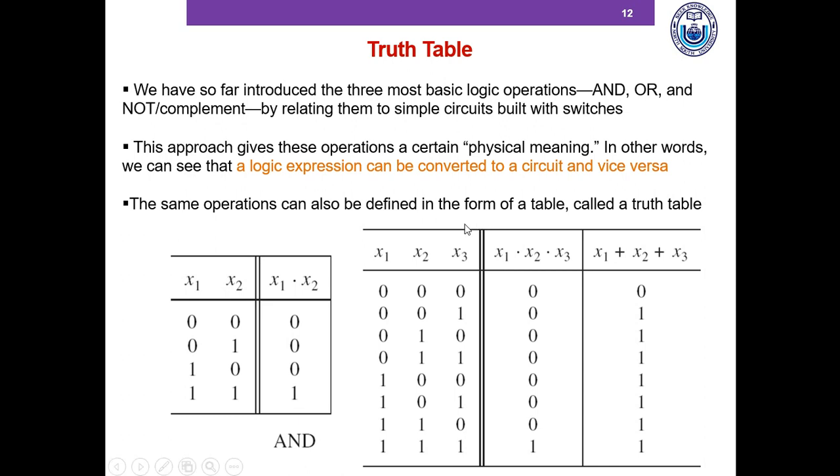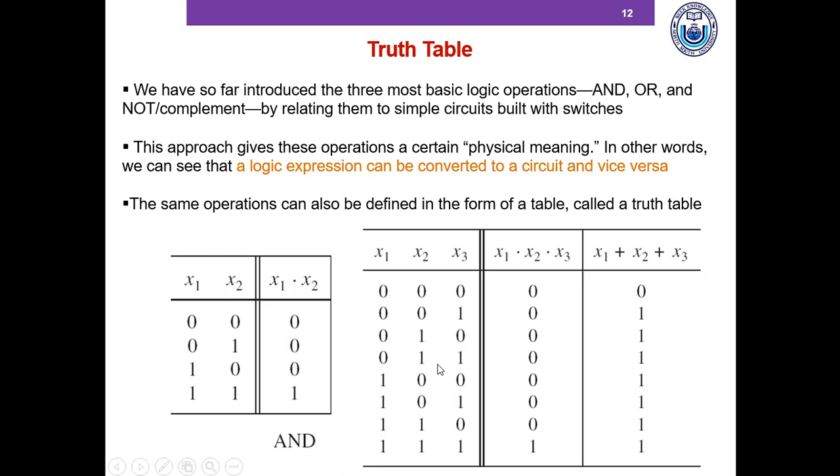So here on the right, we have the truth table of a 3-input AND gate. On the left of the truth table, we have the input variables x1, x2, and x3. Please also note that each of these variables is binary, so they have only two possible values, 0 or 1. In the columns corresponding to x1, x2, and x3, you list all possible combinations, so 000, 001, up to 111, which corresponds to 0, 1, 2, 3, 4, 5, 6, and 7.